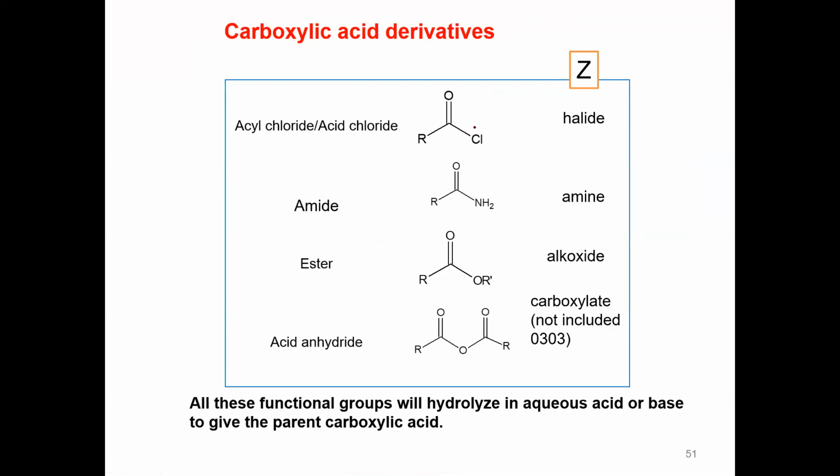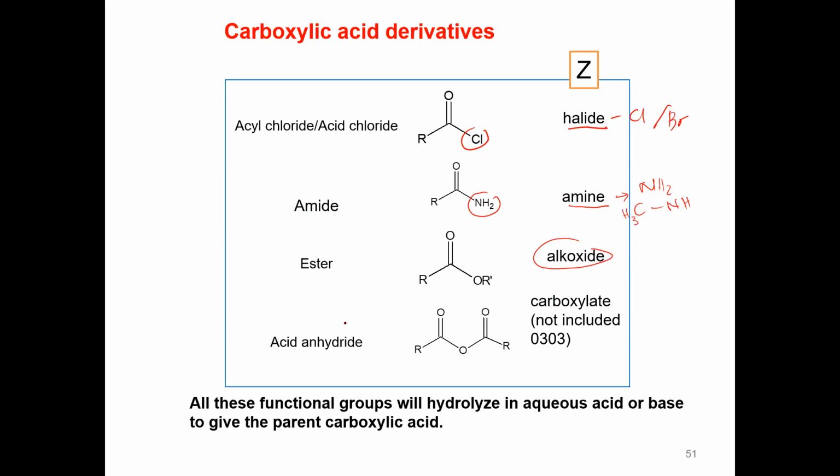So the Z here is basically halide, which is Cl or bromine. And then amide, where the Z is substituted by amine group NH2. And then ester, substituted by the alkoxide side.